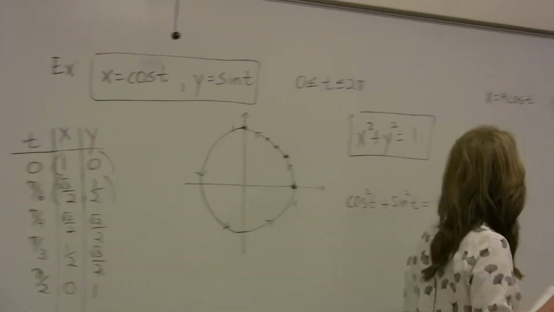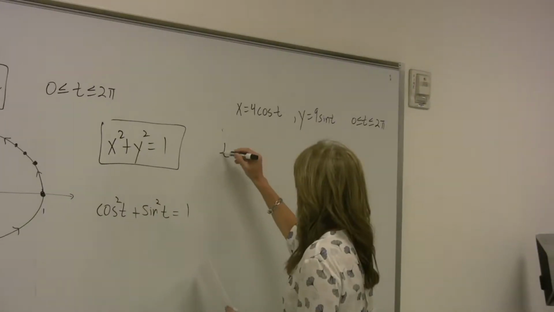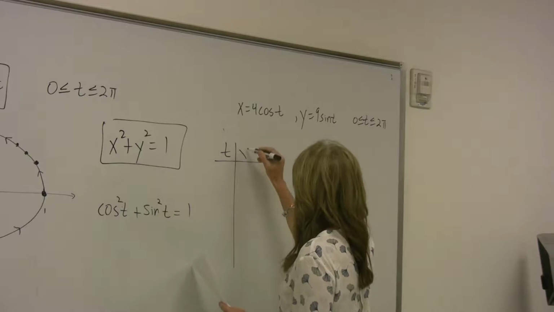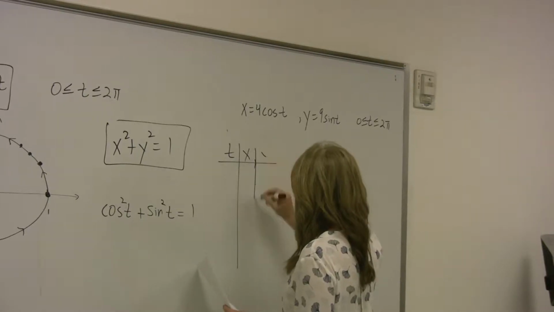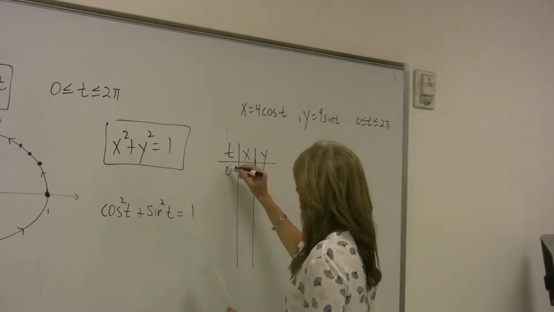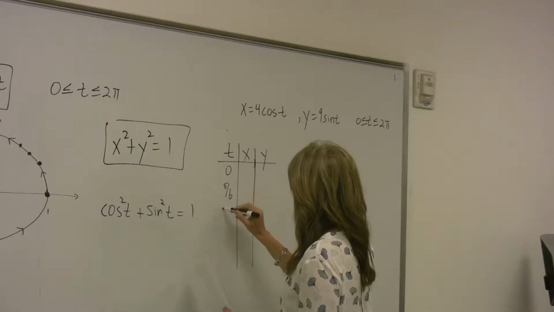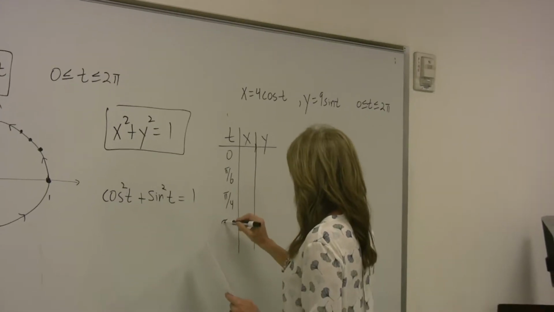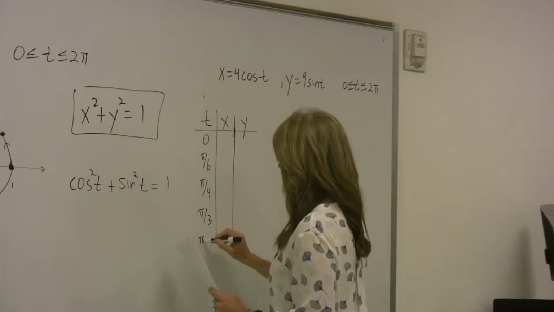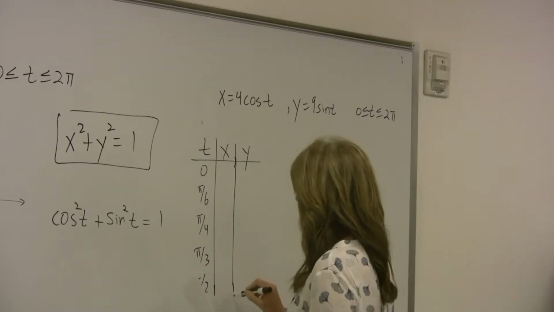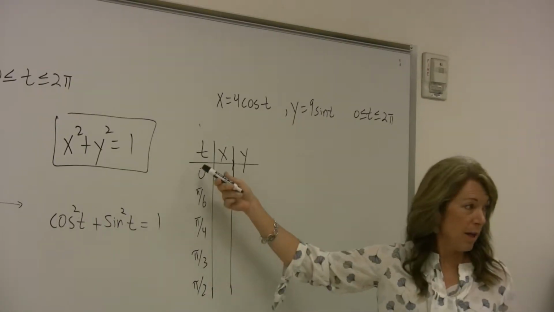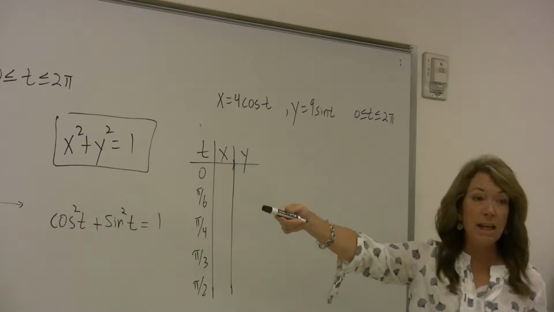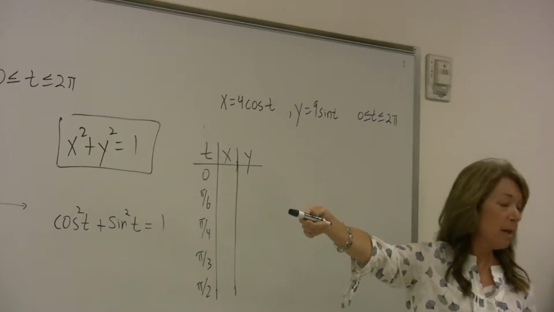I'm going to make that table. X, Y. 0, pi over 6, pi over 4. Just recopying the same parameters of that t variable. I'm just taking each one of those x values and multiplying them by 4.